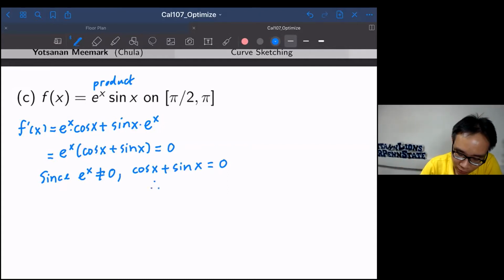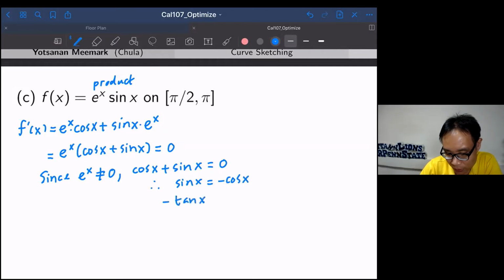So you get sine x equal to negative cos x, so negative tan x equals 1. So you have tan x equal to negative 1.